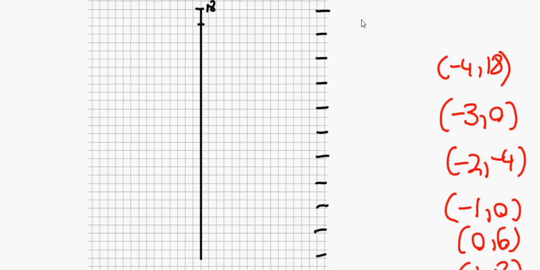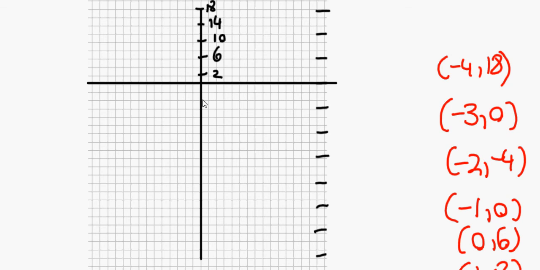But the gap between 18 and 24 is just too big. So we're going to have to compromise, and each block is going to be worth 2. If I go down 2 blocks, it's worth 14. This one's worth 10. This one's worth 6. This one's worth 2. And directly underneath the 2 is going to be the x-axis.